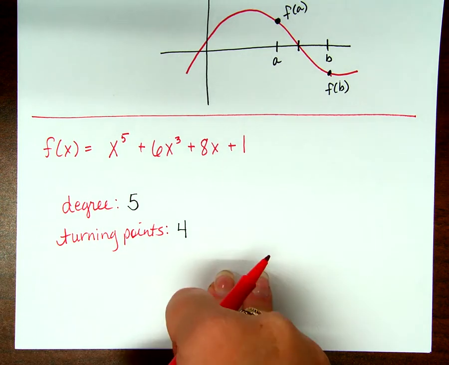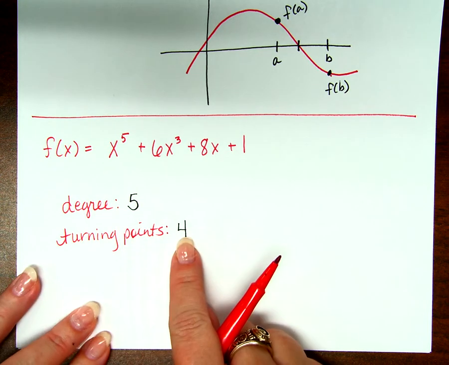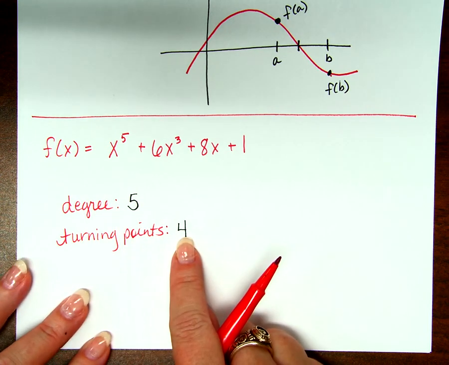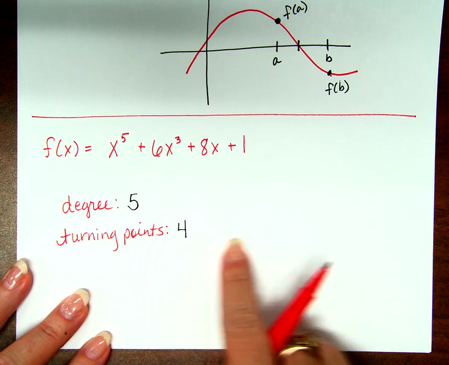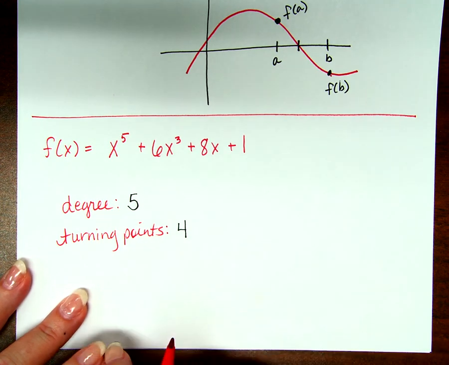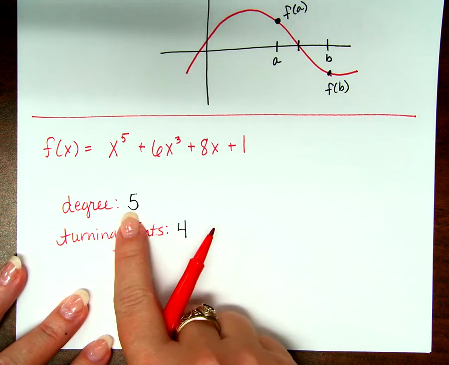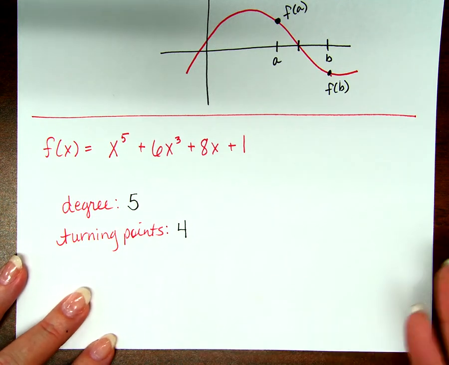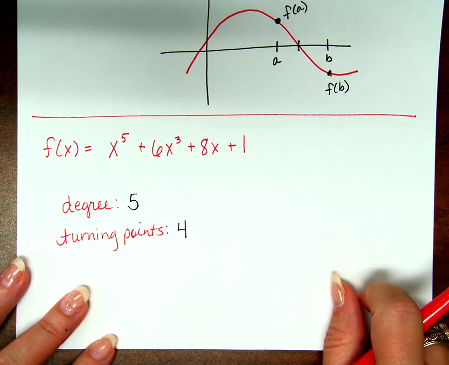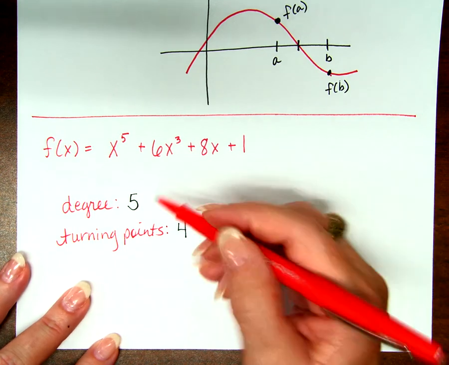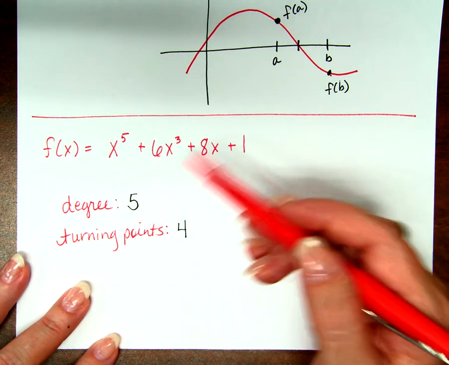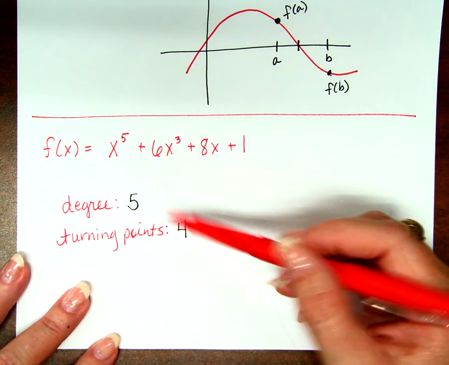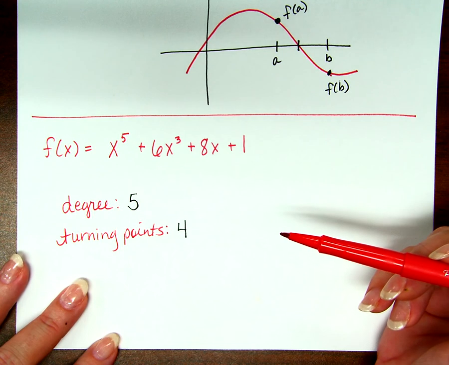If it's more, it's either 4 or 2 or 0. It's never 3. It's 1 less and then 2 below that. Does that make sense? Now, if I ask you to graph this, again, you could just hit the calculator and put this in to graph it, right? But we know just by looking at the equation, that if the degree is 5, it has at most 4 turning points.